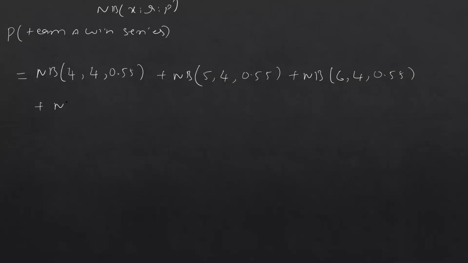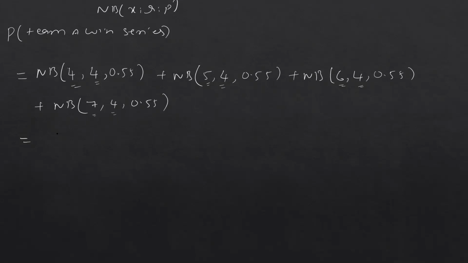And the last is negative binomial of the 7th try, 4 they have to win with the probability of 0.55. So in the 4th trial, all 4 they have to win. 5th trial, 6th trial, and 7th match, the same. When they win in all these scenarios, team A will win the series.